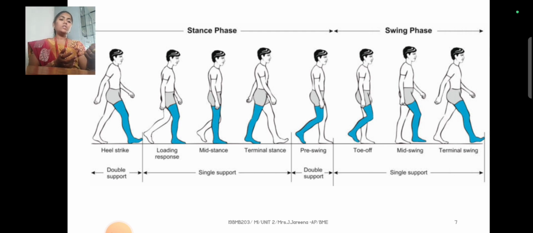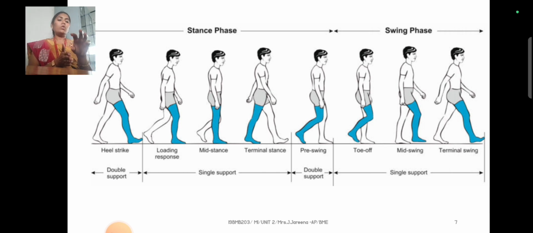In the swing phase we have only single support. So when we are walking, it is important to have proper pressure distribution from the starting point to the end point.